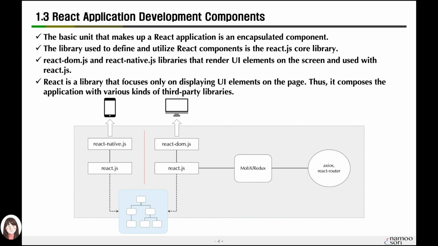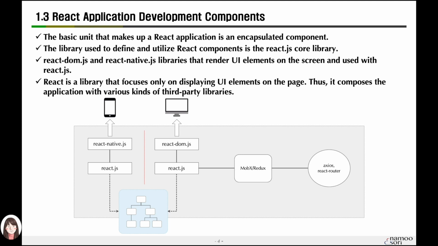The next thing we will see is about the basic libraries used when configuring UI with React. The library you see here is called React.js, which is the core of React. This library is used when creating a component and configuring this component. There are two kinds of libraries used when rendering such a component on the page.